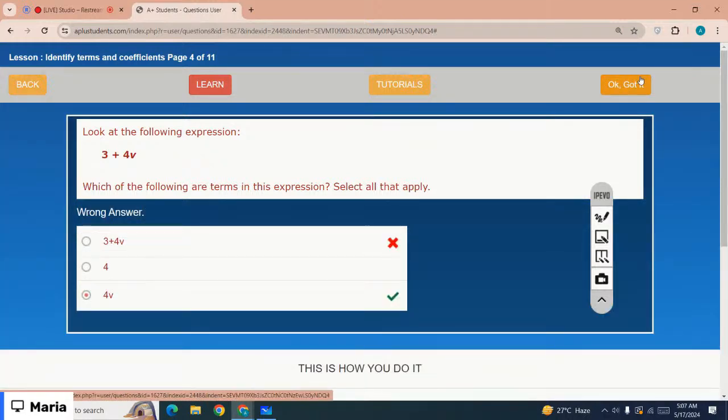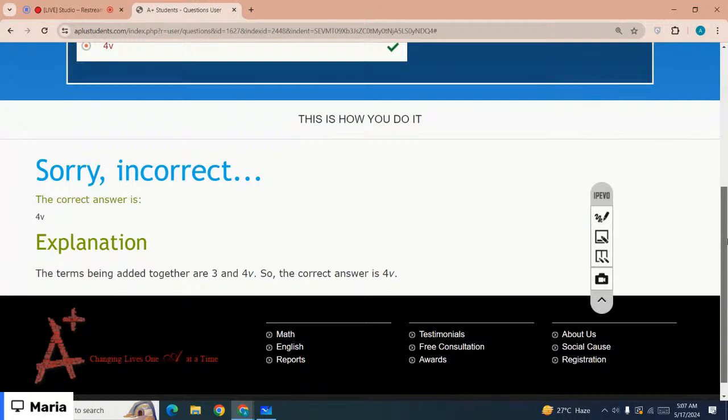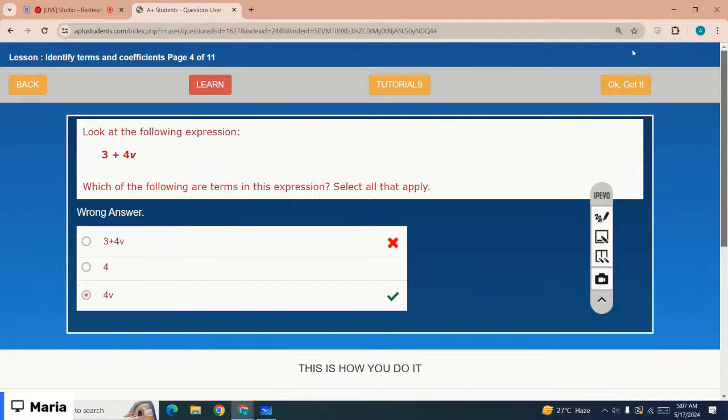Which of the following are terms in the expression? 3 and 4v both are terms, right? So 4v is the correct option.